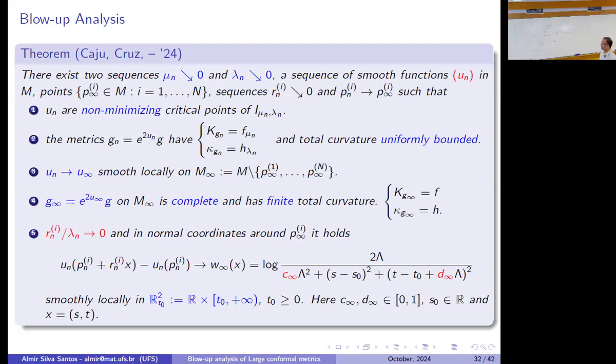This difference converges in some small neighborhood of the blow-up point to this function, and this function gives us a conformal metric to the Euclidean metric on this set, a half space, which has C infinity as the Gaussian curvature and D infinity as the geodesic curvature of the boundary.